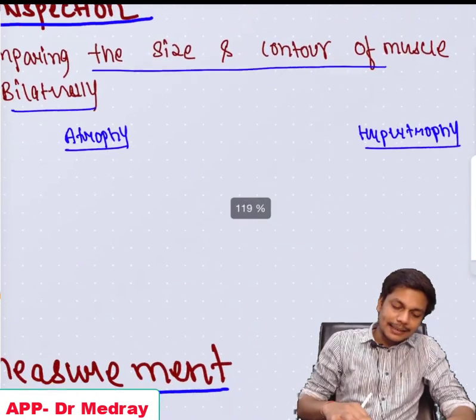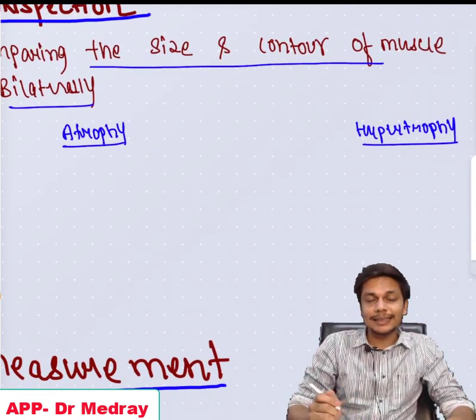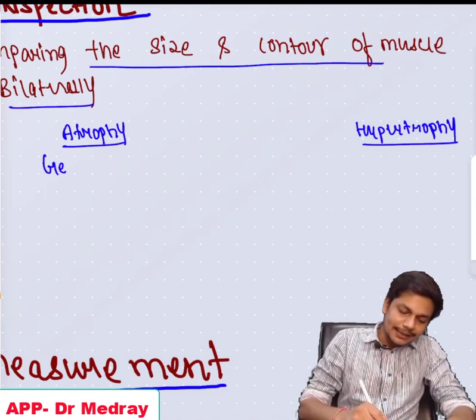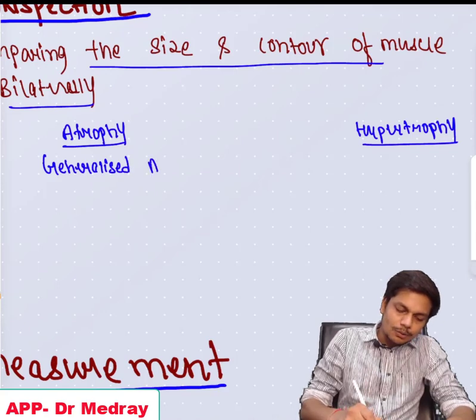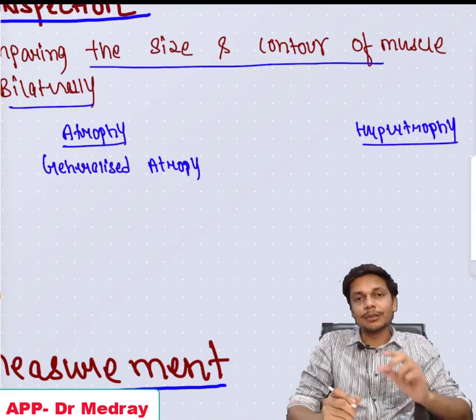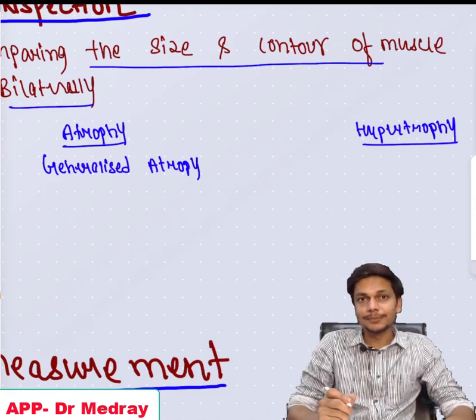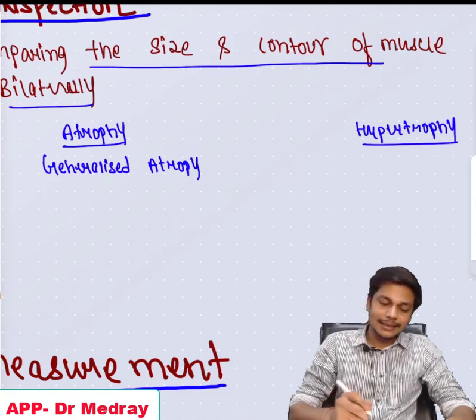So what conditions can lead to atrophy of the muscle? Sometimes the patient may have generalized atrophy, where all the muscles have undergone atrophy. The volume of the muscle is reduced everywhere, in the upper limbs, the lower limbs, the proximal part and the distal part. That is generalized atrophy.